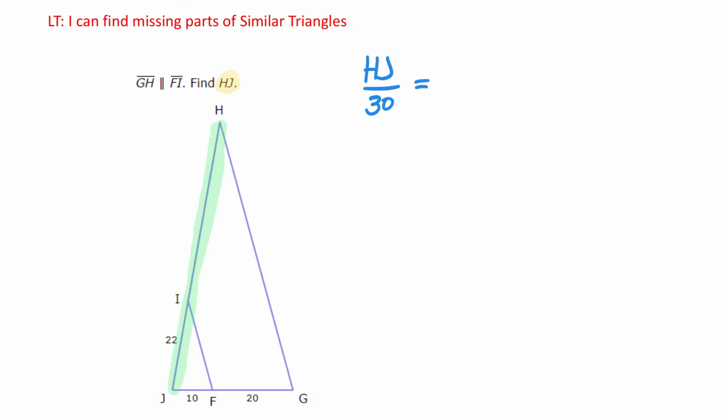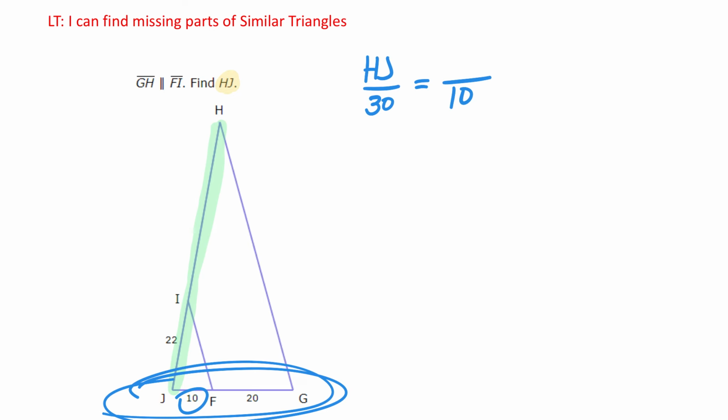We could do the math eventually, but the only other part we have here that is comparable, we cannot use the 20 because we don't know the side that correlates with that. So if we can't use the 20, we obviously have to use the 10. Now, 10 is coming from the side over here, so 10 has to stay the denominator. I chose to make this side the denominator, so I have to continue that pattern as I go. So 10 is to 22.